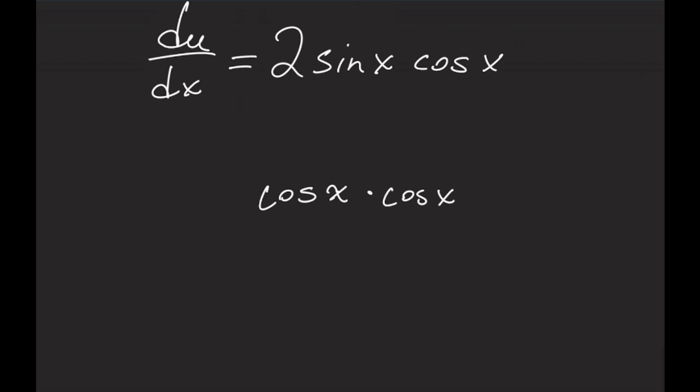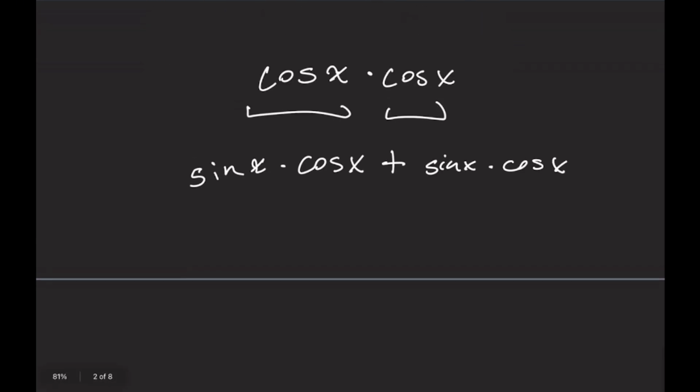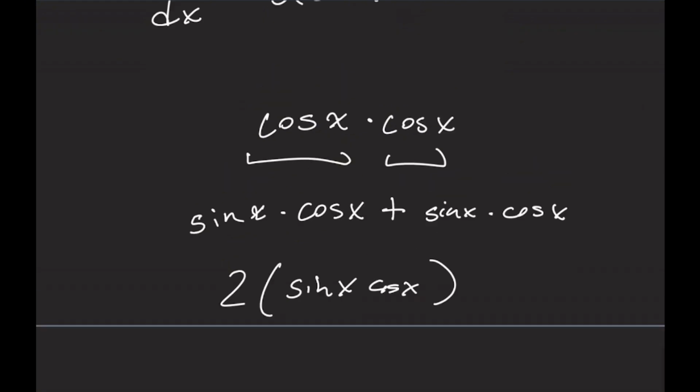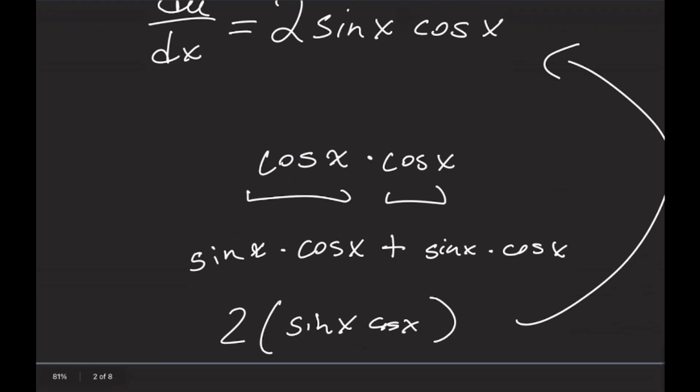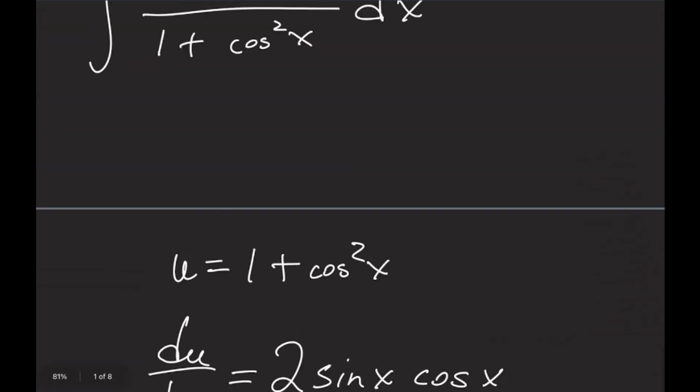So we have this one's derivative, which is sine x, and then we multiply it by itself, which is cosine x, and then we add this one's derivative, which is sine x, multiplied by itself, which is cosine x, and then so now you have 2 times sine x cosine x, which is equal to that. So that's why. You kind of have to see it though. This one's a little bit tricky.